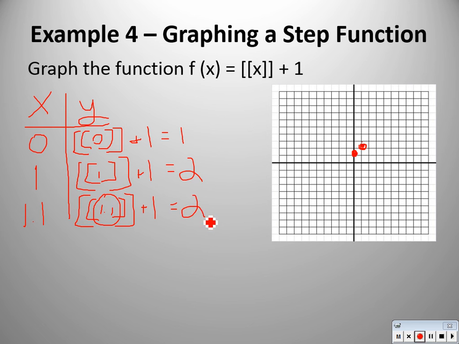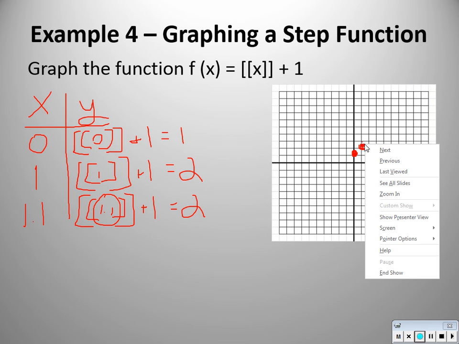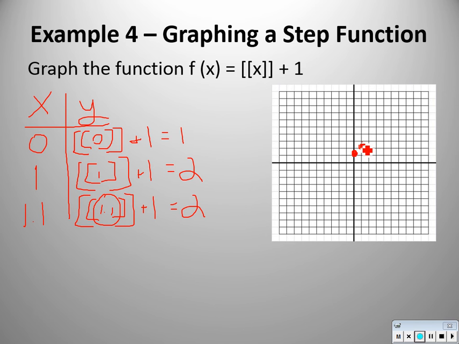So you'd have another point on the same horizontal part, if I go over 1.1 and up 2. And if I did 1.2, notice the same kind of thing happens. If I put a 1.2 in here, plus 1, the value once again is also 2.